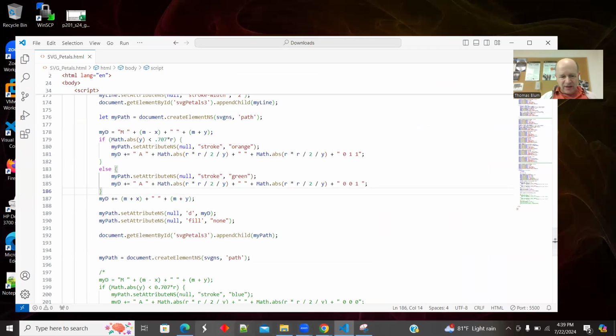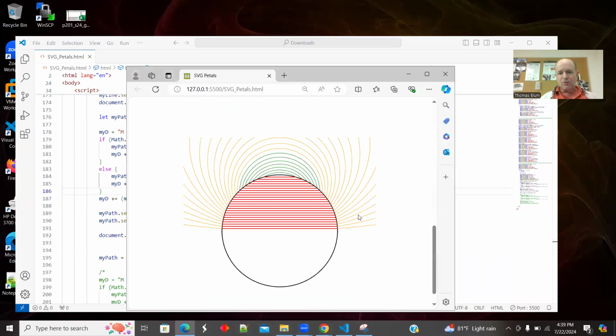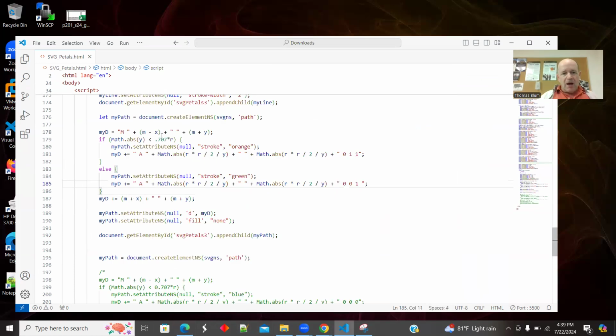And to get the picture that I wanted, that made sense, I needed to switch at some point. I really did it just by playing around, but the switching point would seem to be the square root of 1/2.